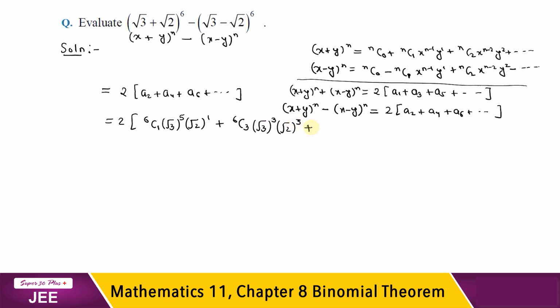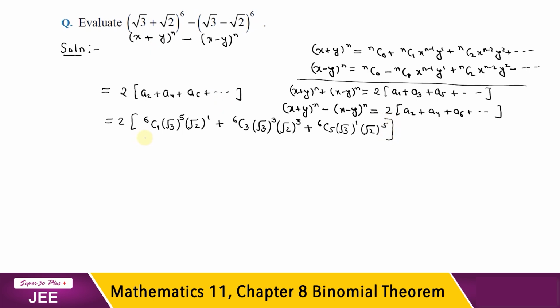Next will be a6, and a6 is 6c5 root 3 to the power 1 and root 2 whole raised to the power of 5. Now after that you would have a8, and a8 will not exist in (root 3 plus root 2) raised to the power 6 because there will be only 7 terms. So that's it. I think it's time to close the bracket.